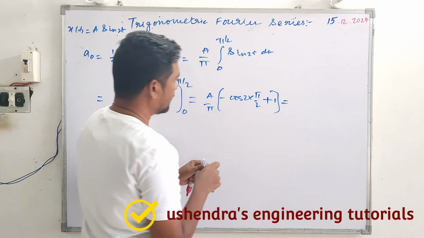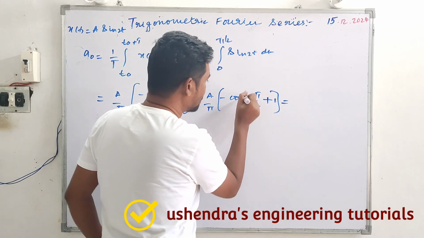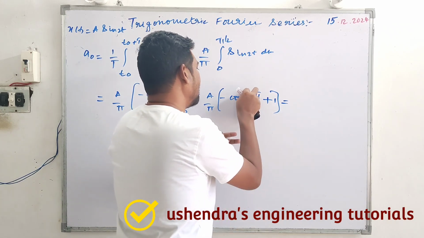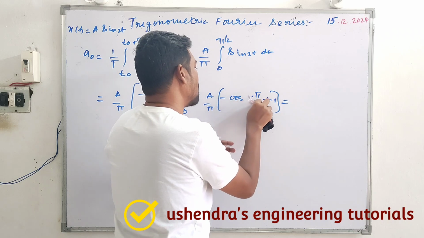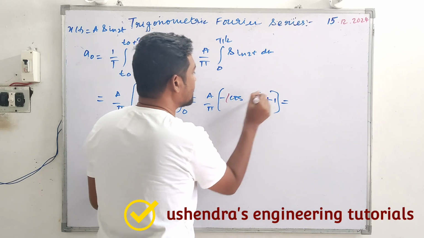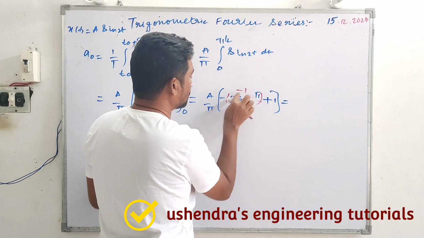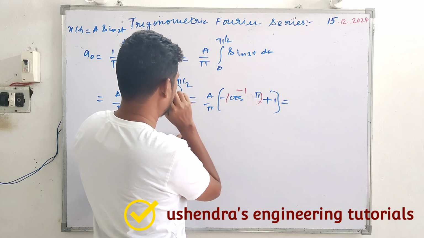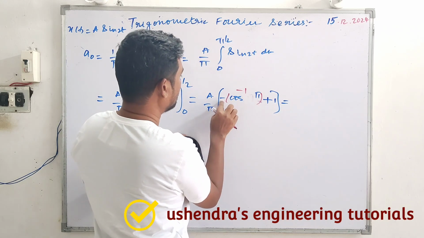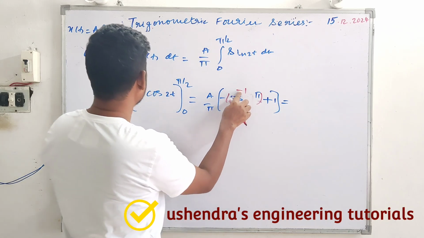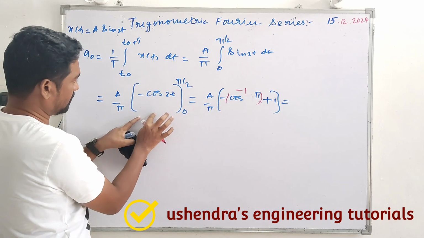And what do we have, guys? This 2 gets cancelled, and inside this one we have cos pi, which gives us minus 1, and what do we have? Minus 1 and minus 1.